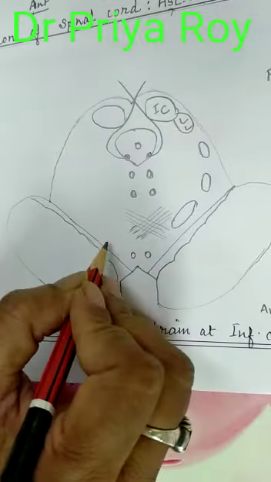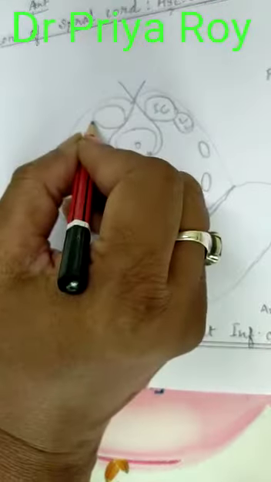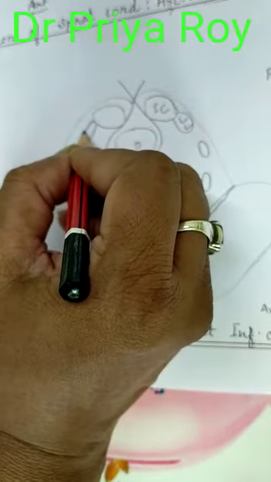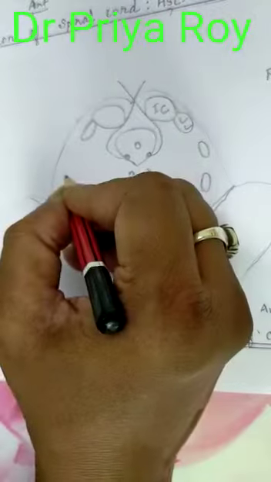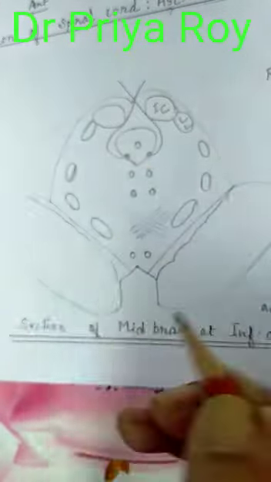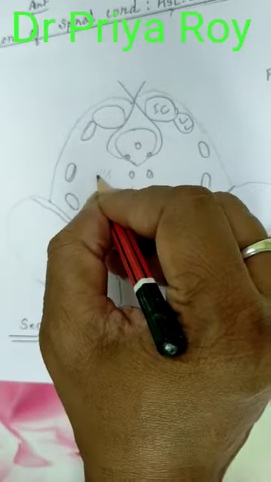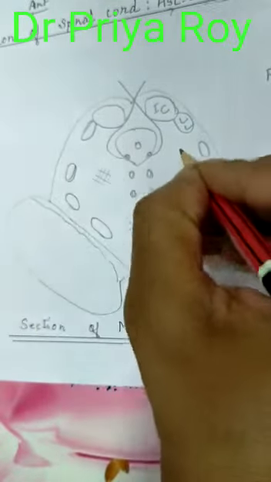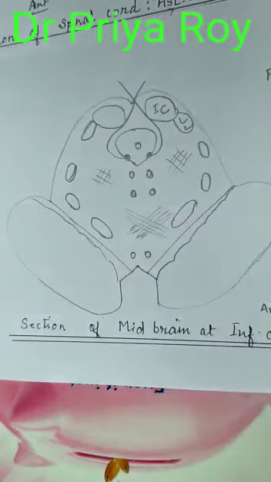So this side also we will draw medial, then the lateral. Okay, lateral, and this one is the trigeminal and the spinal. Okay, and here also the reticular formation like this. So this makes the diagram complete, very easy to draw.